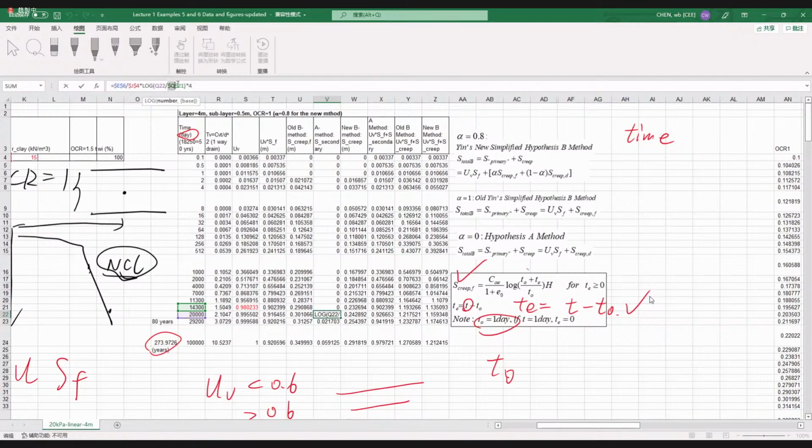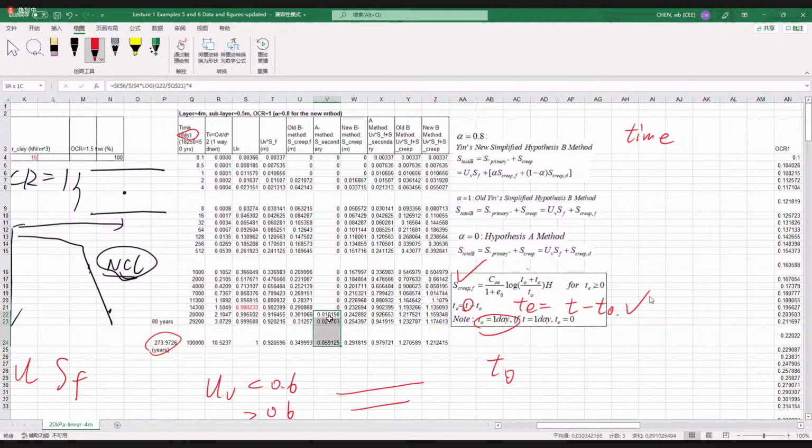But the initial time here is this value, 14300. Why? Because the creep only occurs after this time point. So the creep should be the final time minus the initial time at which 98% consolidation was achieved.